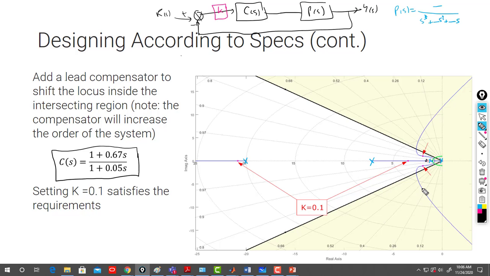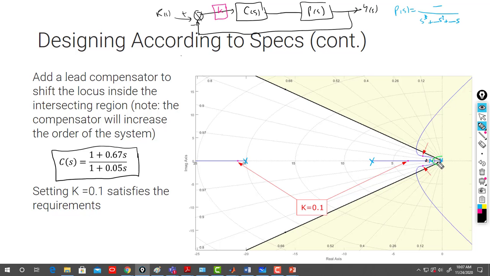This circle is your 0. So I have 4 poles and 1 0. So how many branches do I have? Because it's a fourth order system, I should have 4 branches. Let's see how many branches I have.